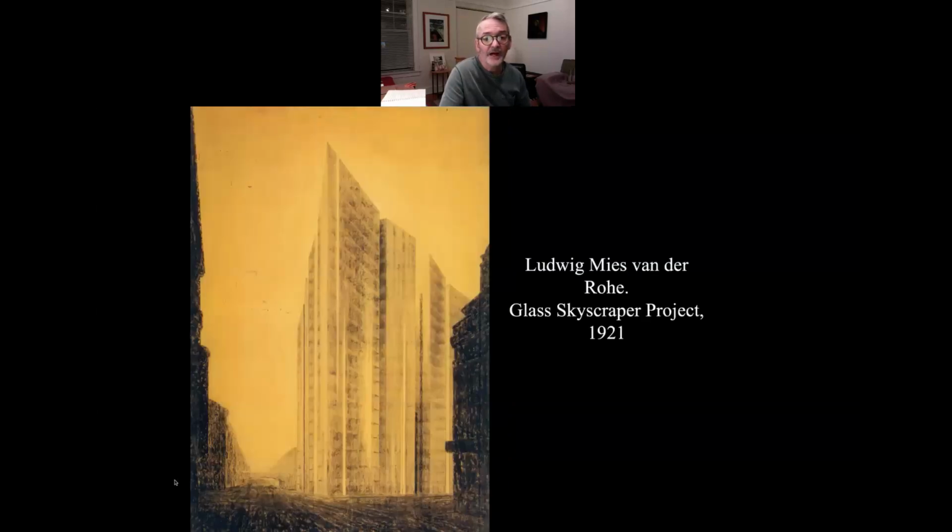Anyway, Mies van der Rohe was a dreamer. He liked to dream up projects. He did drawings of skyscrapers, glass skyscrapers and concrete skyscrapers, before they could have been built. So this is a drawing from 1921.